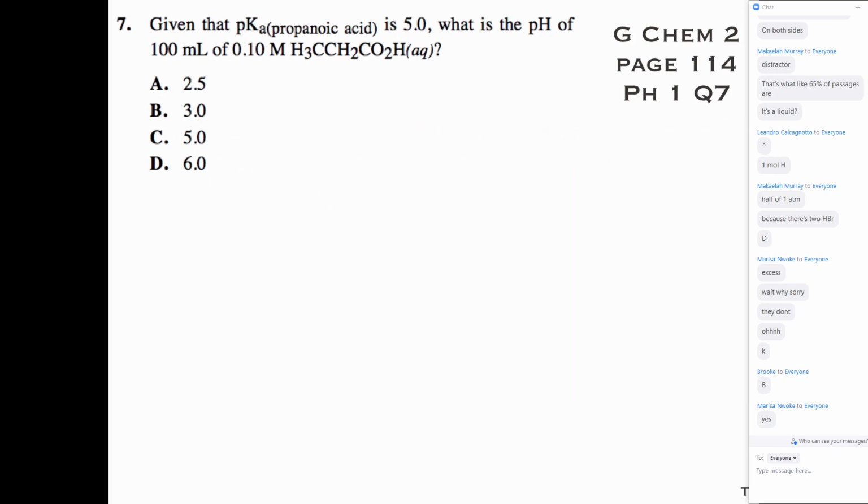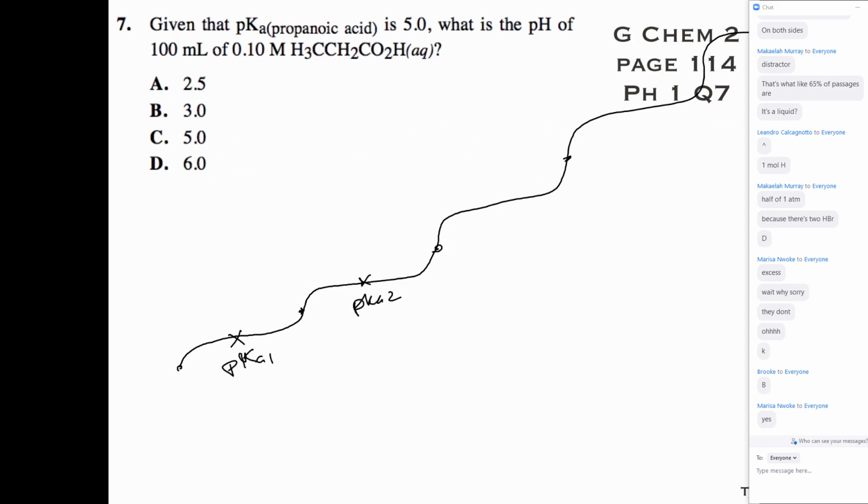if I have a curve with something like that, I want you to recognize pK1, pK2, pK3, pK4. I want you to know that this is an average of pK1 plus pK2 over 2.